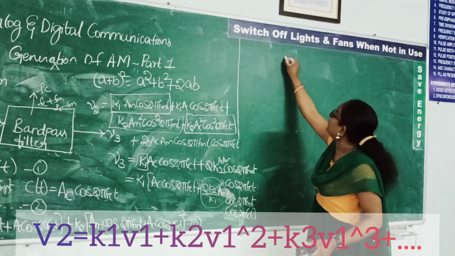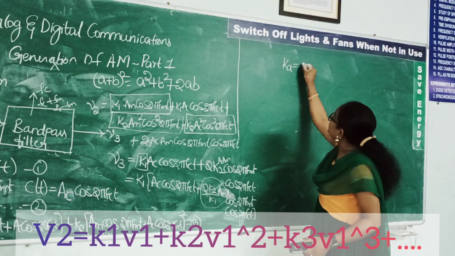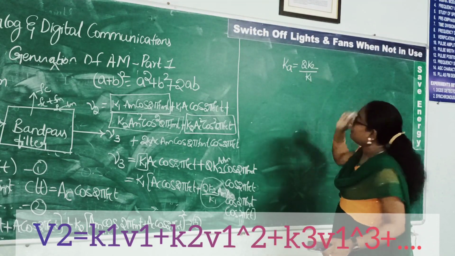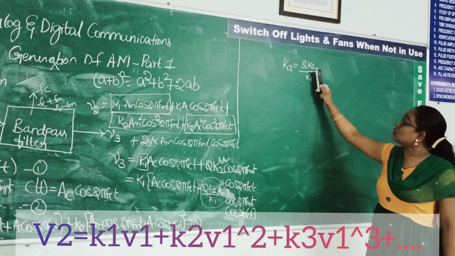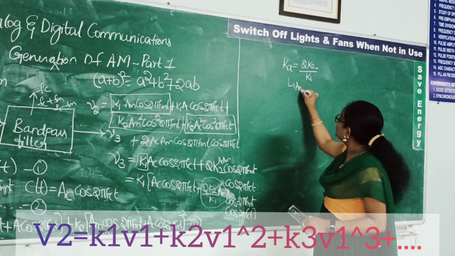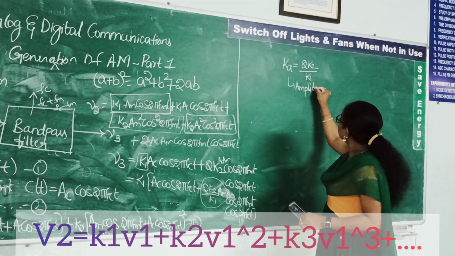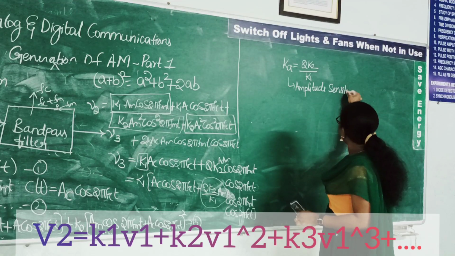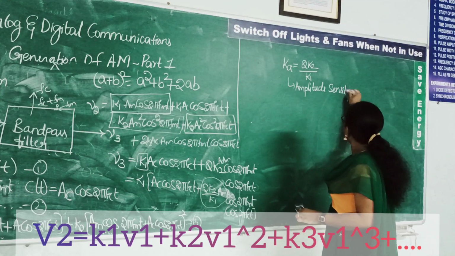So according to that, the amplitude sensitivity for square law is 2K2 by K1. So ka is 2K2 by K1, where this ka is the amplitude sensitivity.